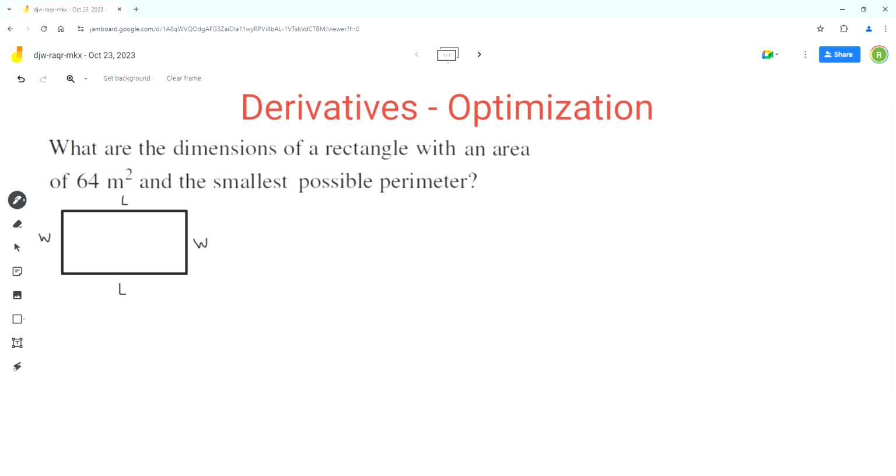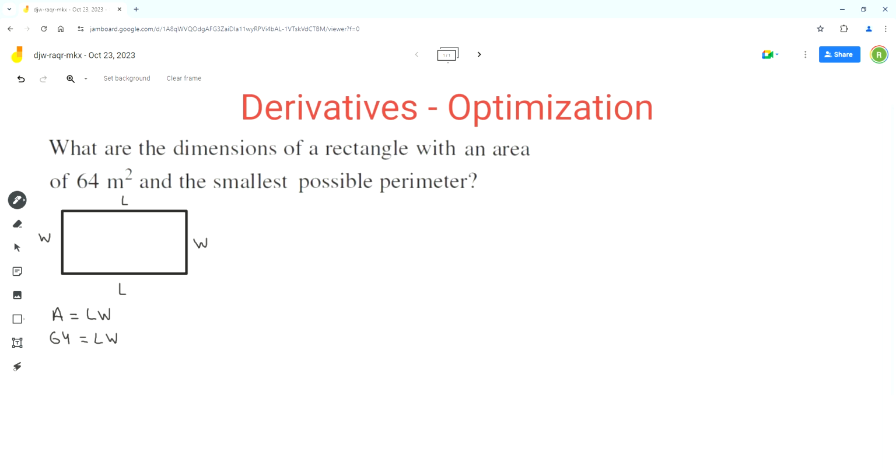The formula for area is length times width. So this is the equation for the area. We have to find the dimensions for the smallest possible perimeter.